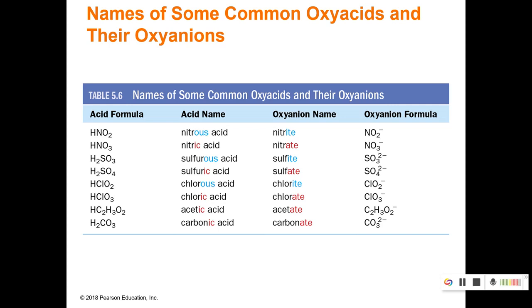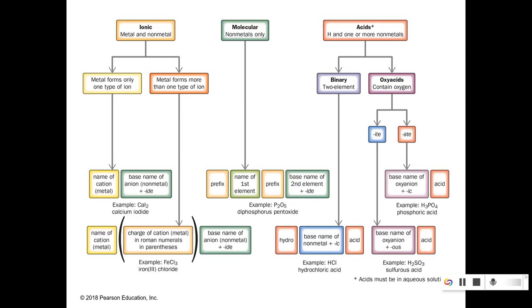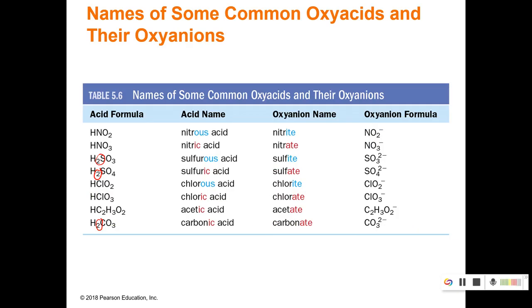Okay, again, those sulfurs, they keep their whole word even though it's just sulfite. So sulfite becomes sulfurous. Sulfate becomes sulfuric. Again, these subscripts are down there because the charge of the polyatomic came down. Again, though, notice they all start with H. That's what makes it an acid. Also, notice if oxygen is present, there is no hydro at all.